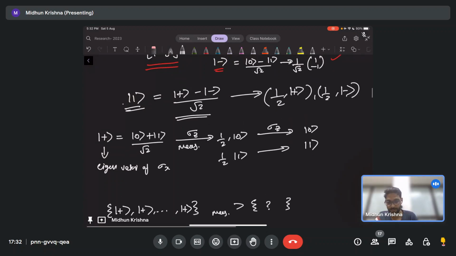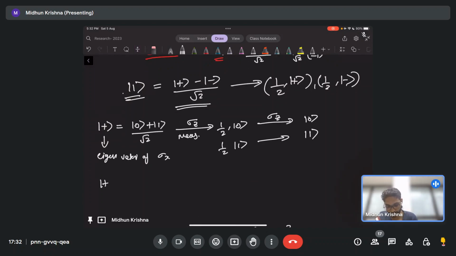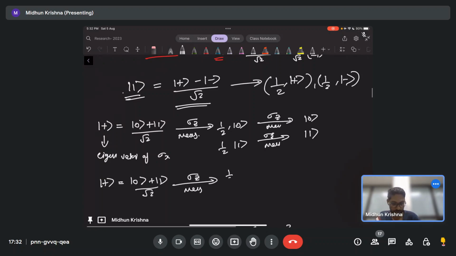Now instead, if I started from plus, which is 0 plus 1 divided by root 2, and apply sigma z measurement, again with half probability I'll get 0, and with half probability I'll get 1.